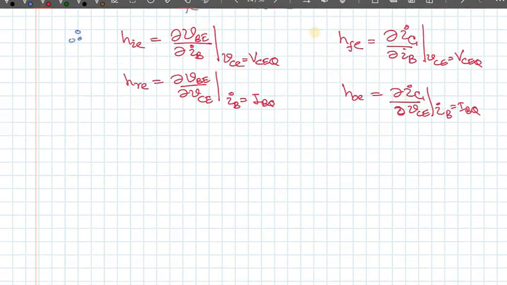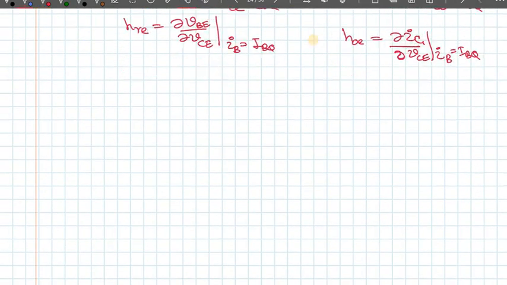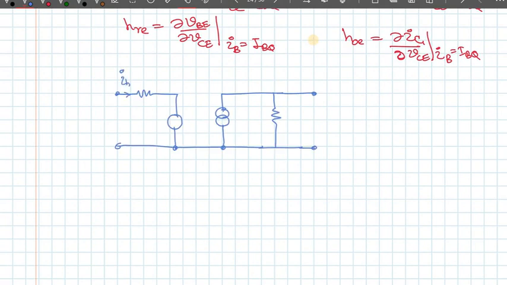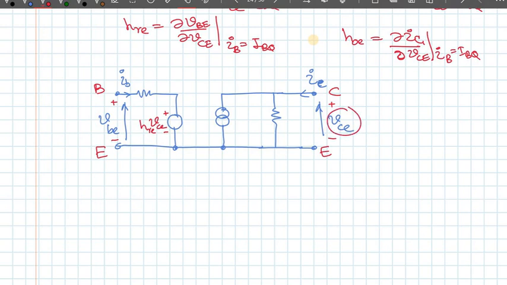And so we can draw the small signal model or the 2 H parameter model like this. So this is my IB, this is my VBE, this is my VCE, and this is my IC. Simple, all simple. This is my base, this is my emitter, and this is my collector. And this is HRE times VCE, this quantity.